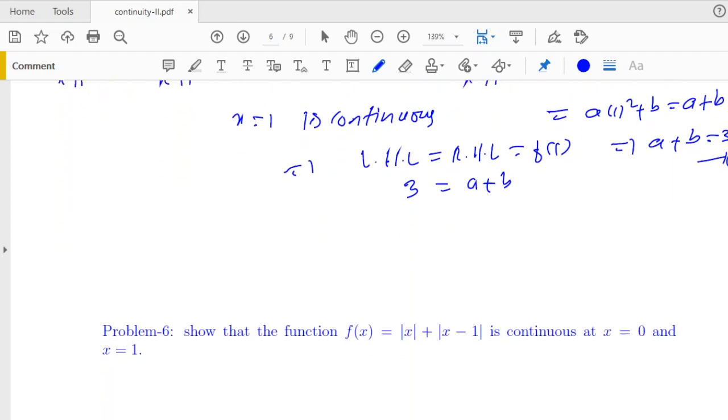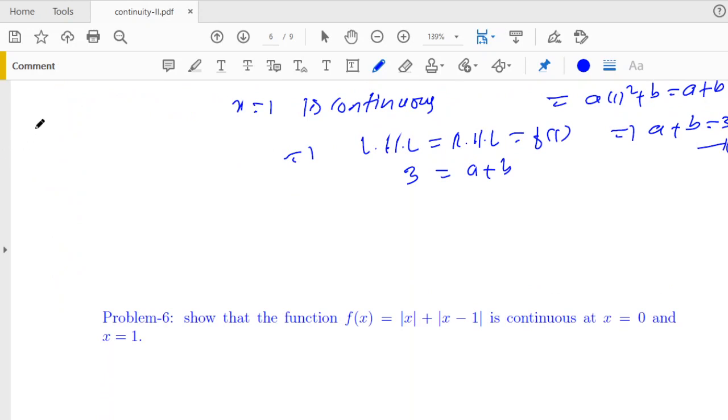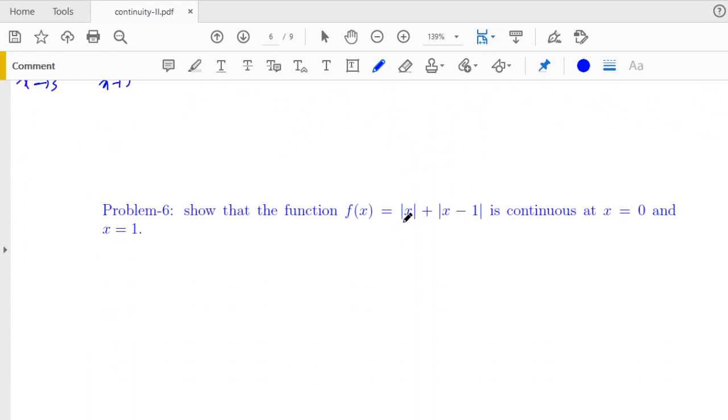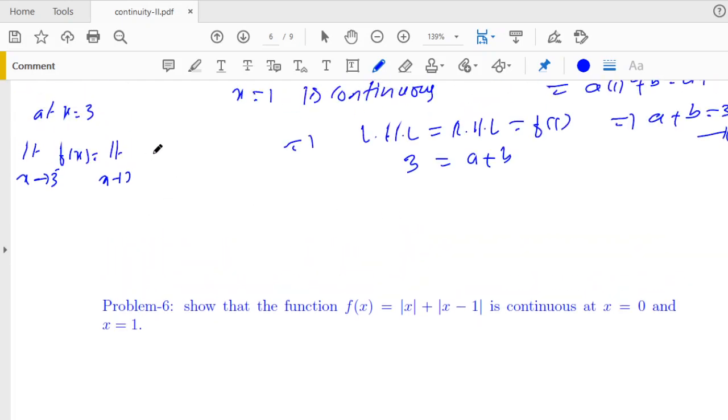Next, to check continuity at x equal to 3, limit x goes to 3 minus f of x, when x is less than 3, f of x takes ax square plus b, therefore this value equal to a into 3 square is 9a plus b.